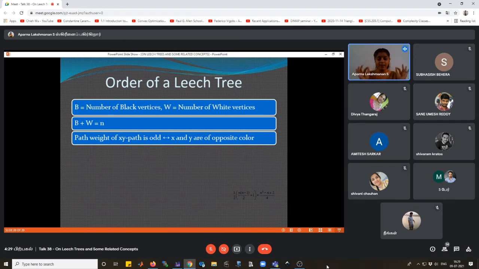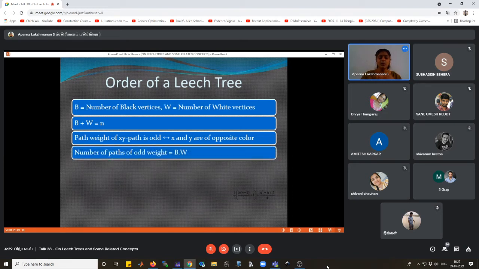So if an xy path is of odd weight, then the end vertices will be colored with opposite colors. So number of paths of odd weight will be equal to B into W. You give me any path which starts from a white vertex and ends in a black vertex, then the path weight will be odd. So number of odd paths equals, one end vertex must be black and the other must be white. So B into W. Number of odd paths is equal to B into W.